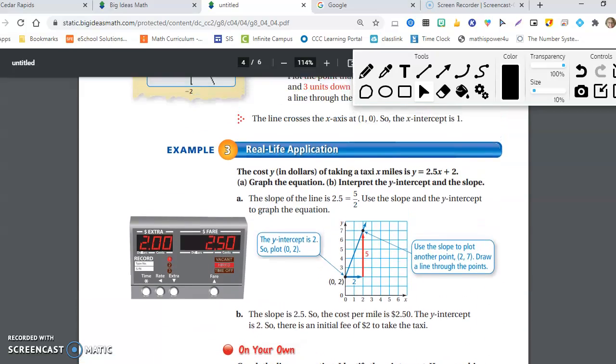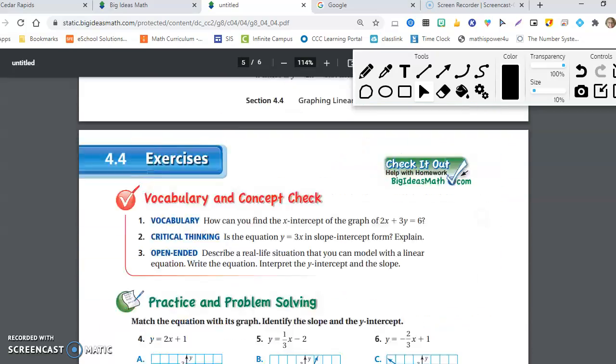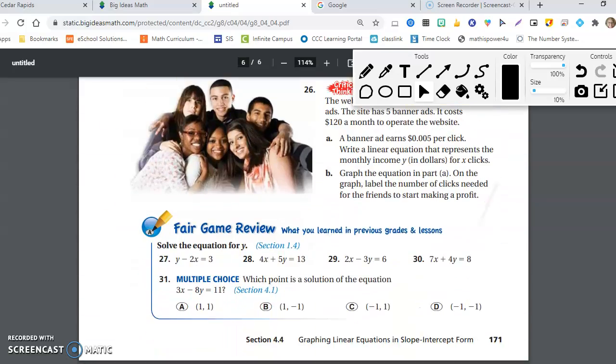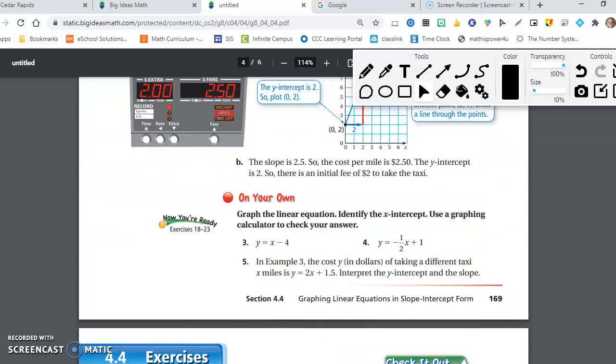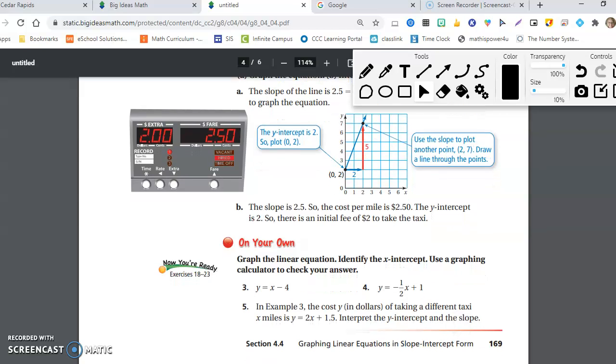Okay, welcome back. I'm not going to graph these for you, but we are going to talk about what it should look like. On number 3, your y-intercept is -4. So down here at -4, you should have a dot, and your slope is 1.